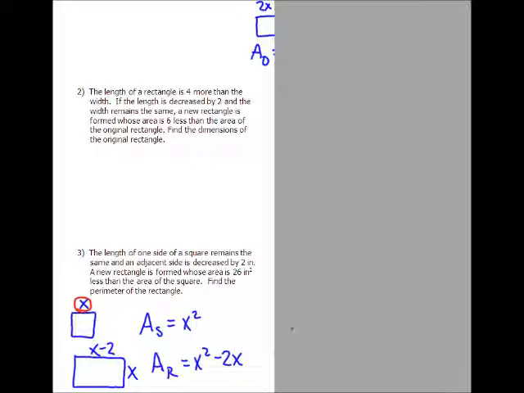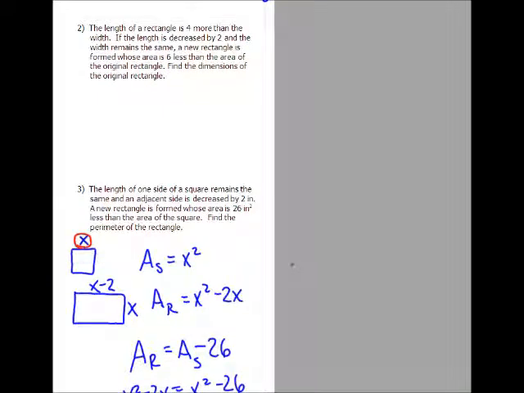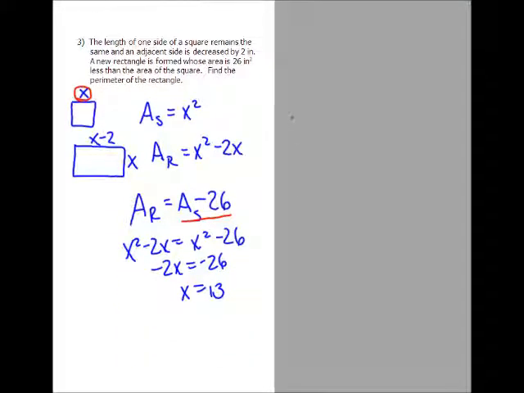And I know that the rectangle is formed whose area is 26 inches less than the area of the square. So I just set my equation of the area of the rectangle equal to 26 less than the area of the square, and I solve it and I get x equals 13.